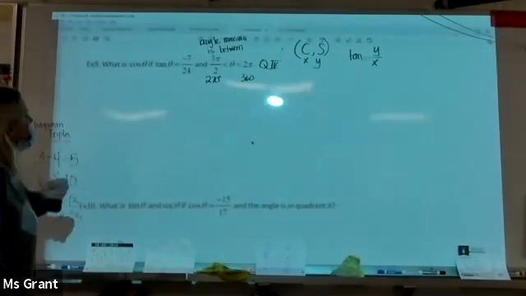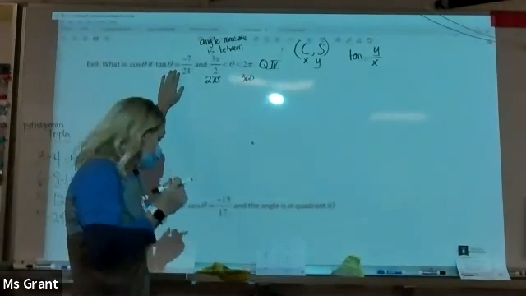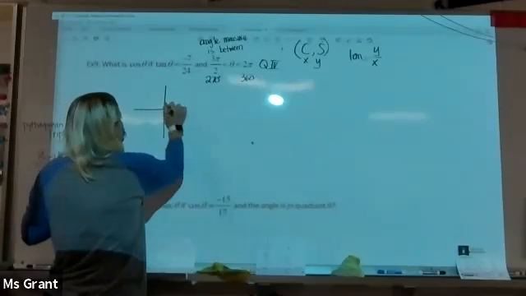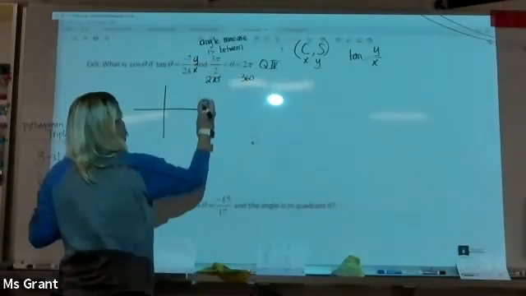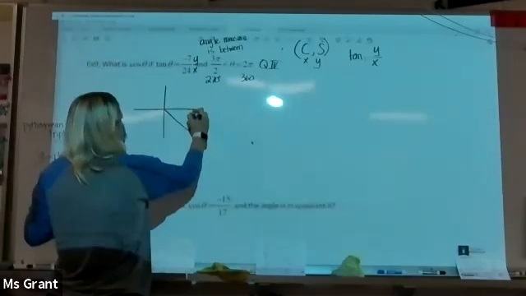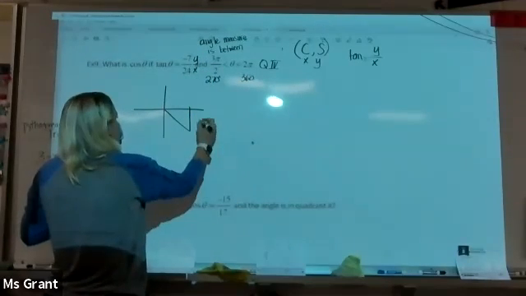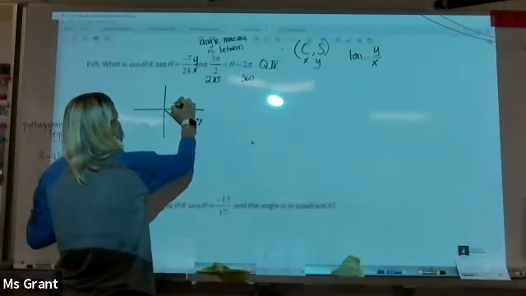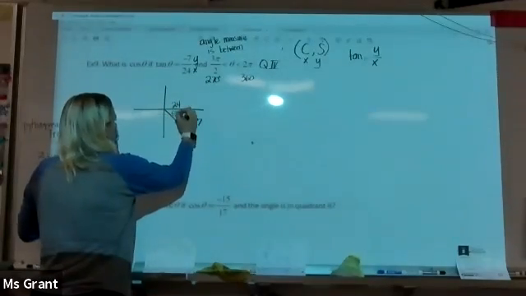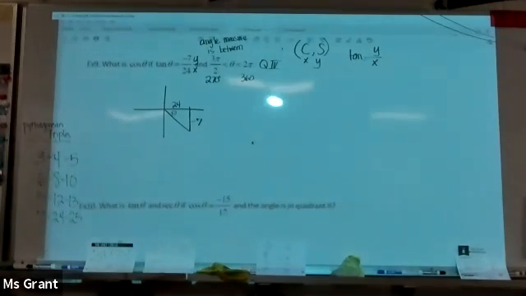So I am told that tangent in quadrant 4 is y over x, negative 7 over 24. I don't know my degree measure. My radius is not going to be 1 this time, that's for sure.